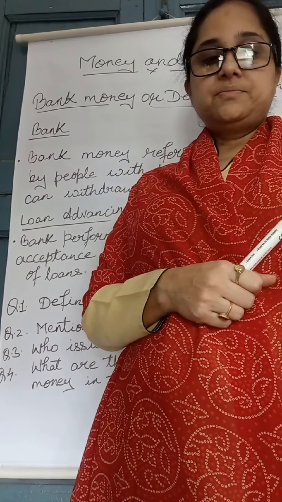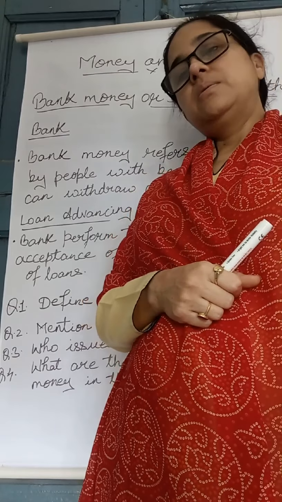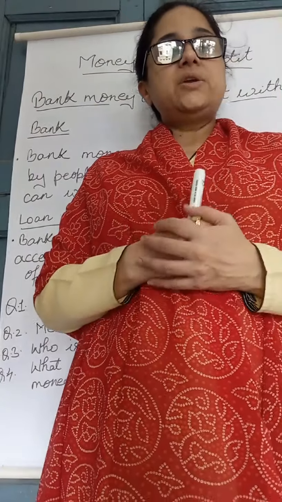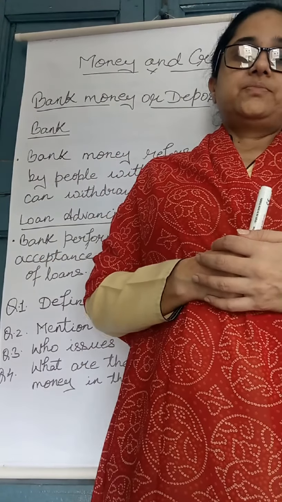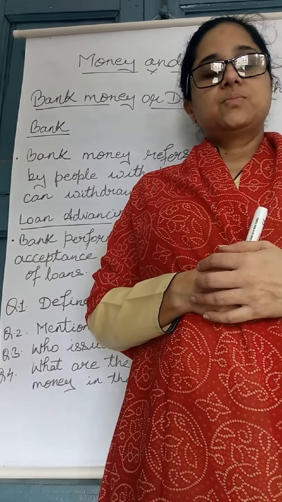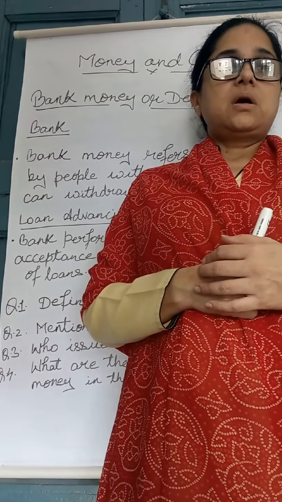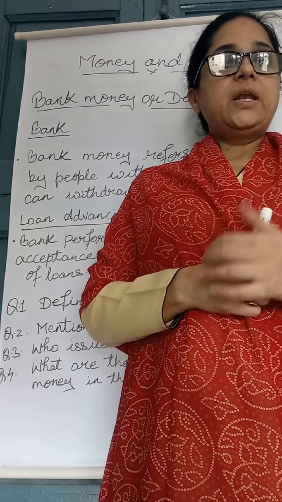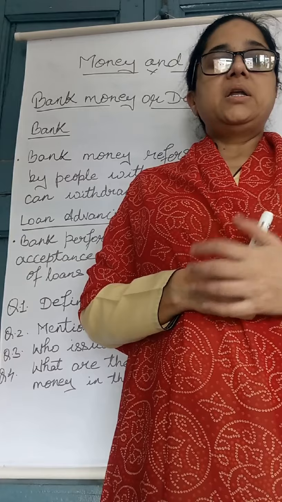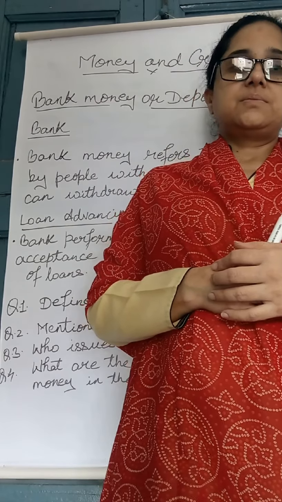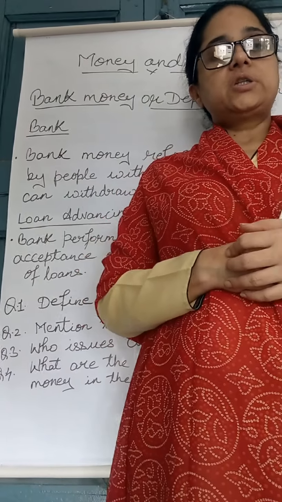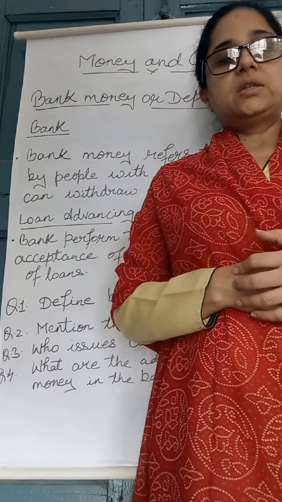Their money is safe with the banks. They get some interest on the amount they have deposited. Depositors are those who open an account and deposit money in the banks. Depositors can withdraw their money when they require.